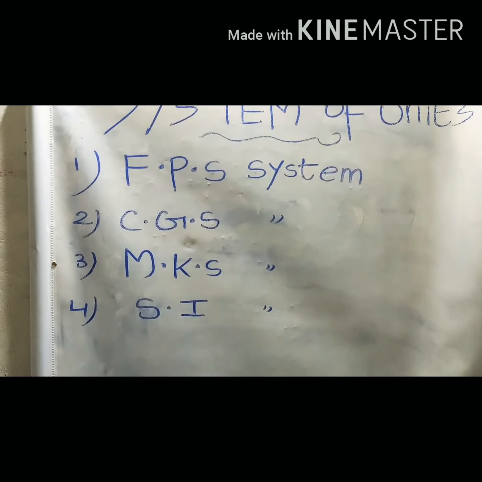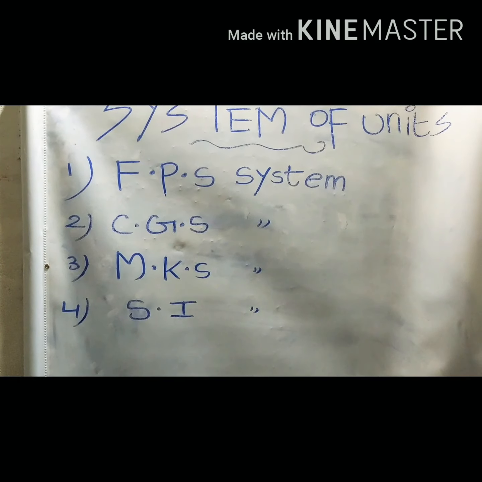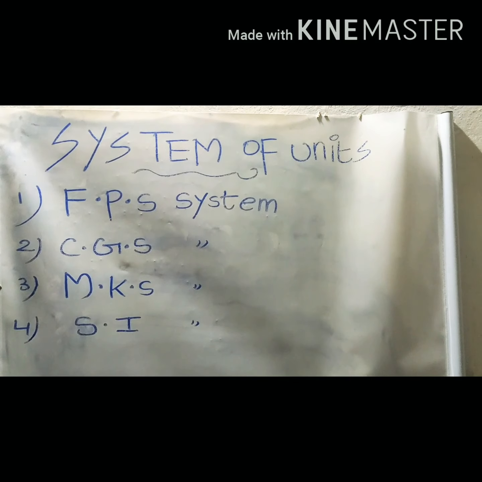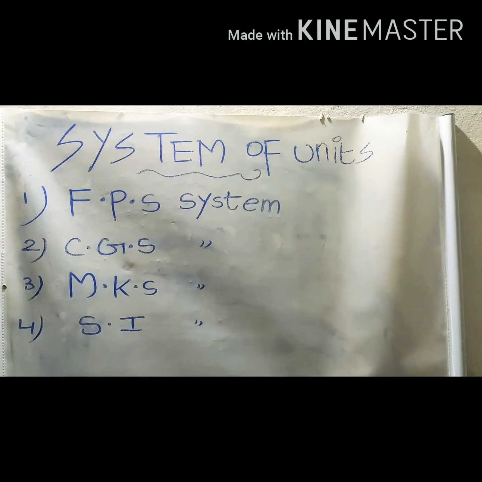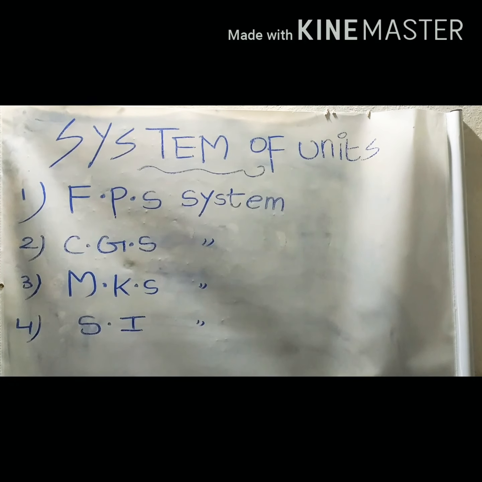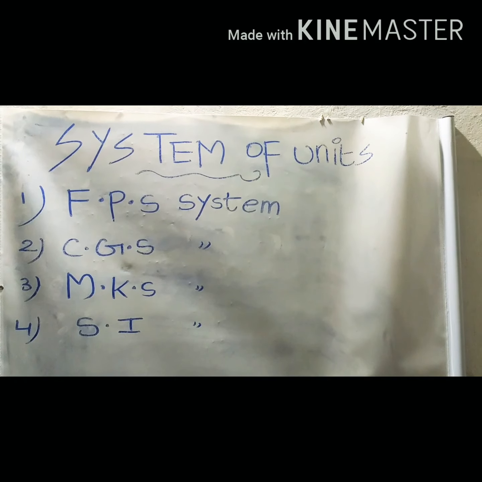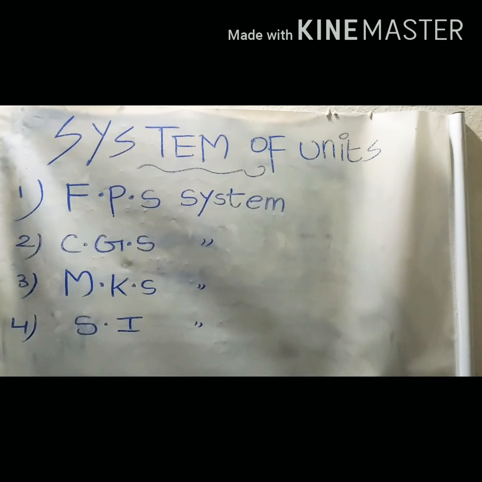Third one is MKS system. What's the full form of MKS? The full form of MKS system is meter, kilogram, second system. Fourth one is SI system.